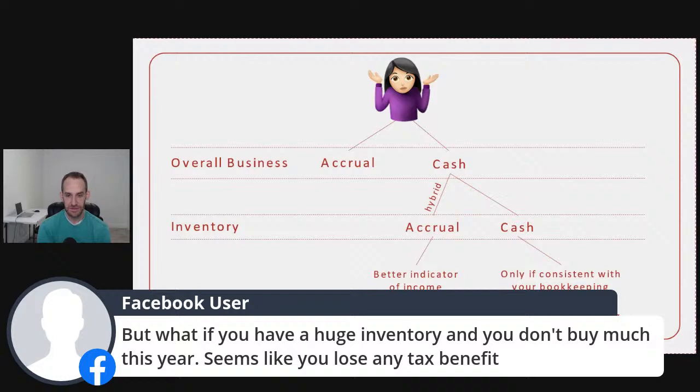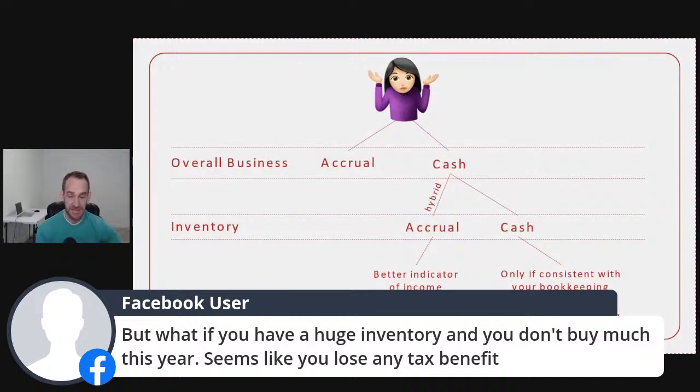If you have a huge inventory but don't buy much this year, it's definitely a timing issue. If you're using the accrual method and you end the year with $10,000 of inventory, that's inventory that you didn't get to deduct this year. But in theory, you'll be able to deduct it all the next year, which is when you'll realize that deduction.